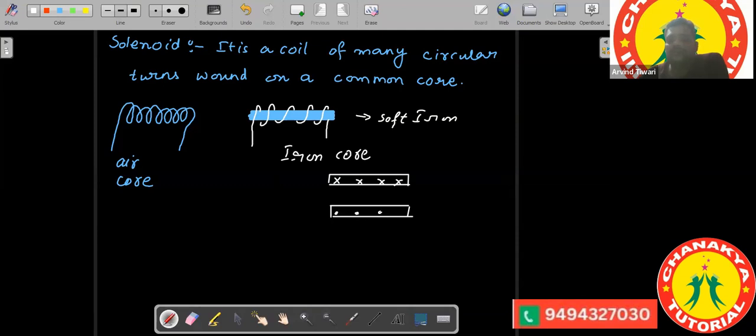So this is the cross dot notation. The cross means the wire is moving inside here, and here the wire is coming outside. It is wound like this. But this form is generally not used in your book, so you are not advised to use this one. This other one is the best way to draw the solenoid.